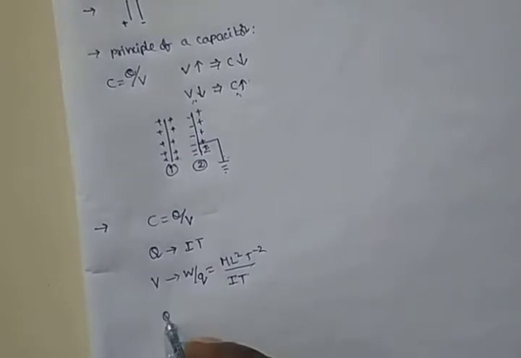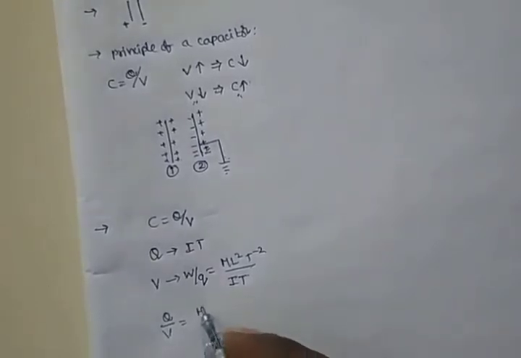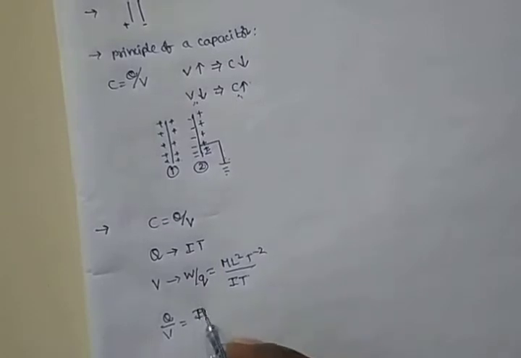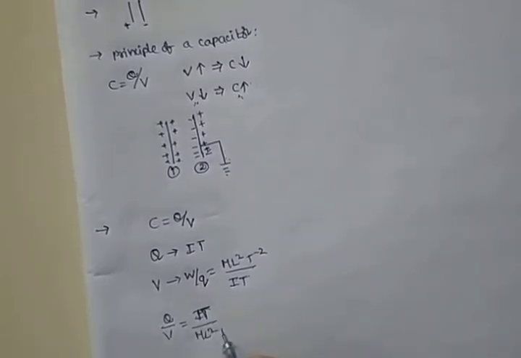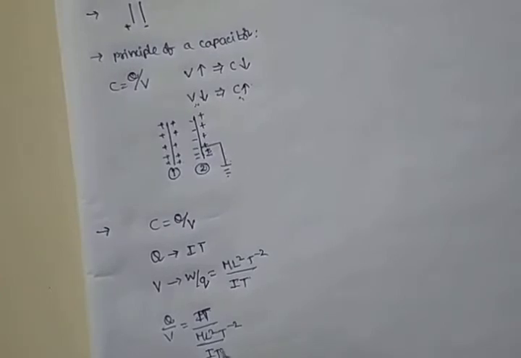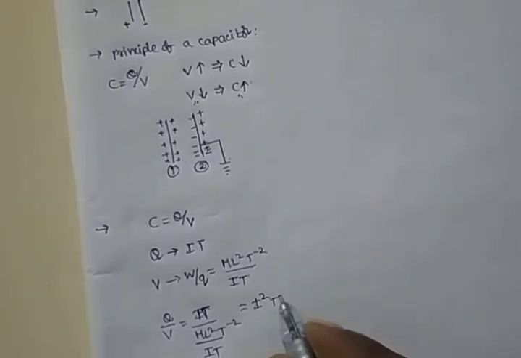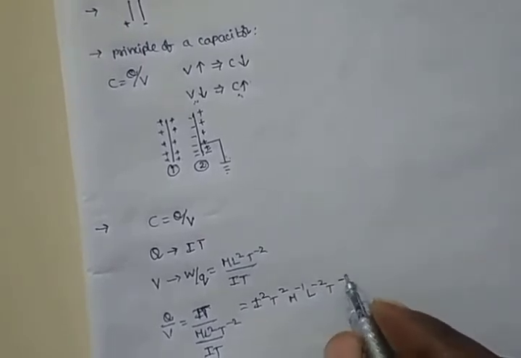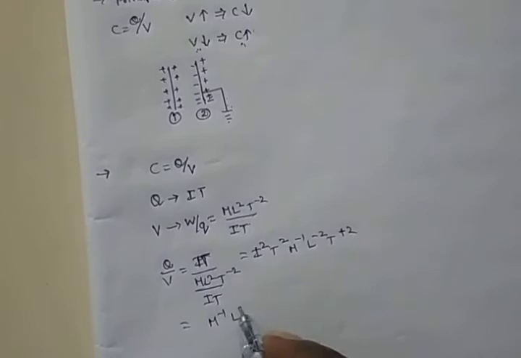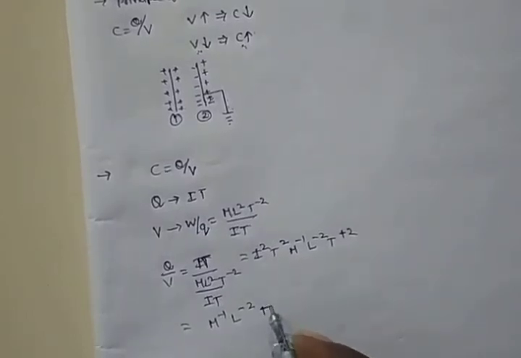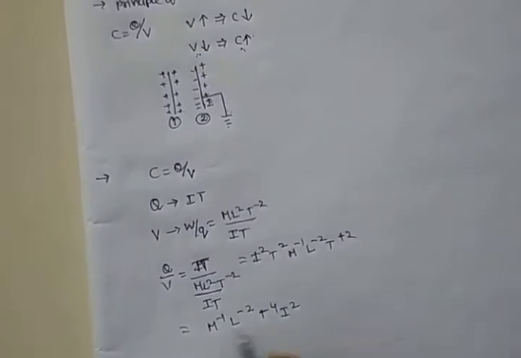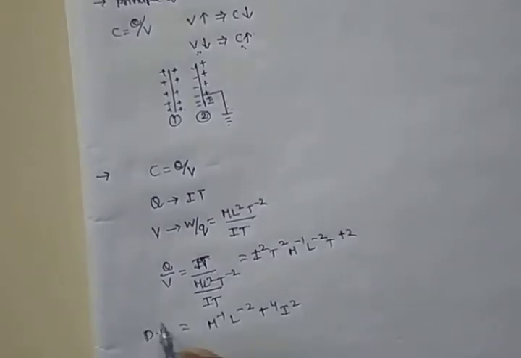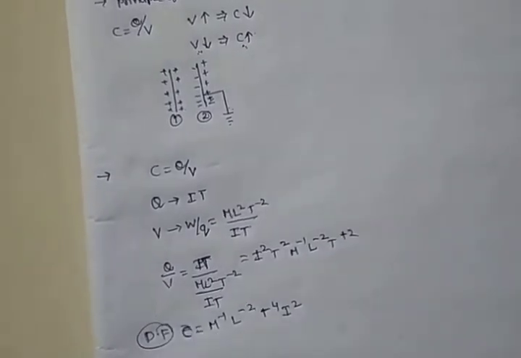Then Q by V is equal to IT divided by ML squared T minus 2 by IT, which means I squared T squared M minus 1 L minus 2 T plus 2. Finally we get M minus 1 L minus 2 T power 4 I power 2 as the dimensional formula for the capacitance of a capacitor.